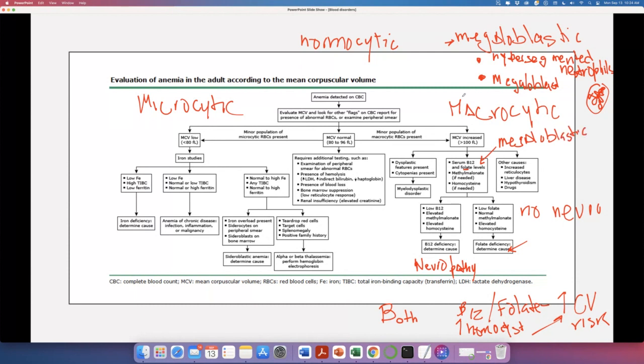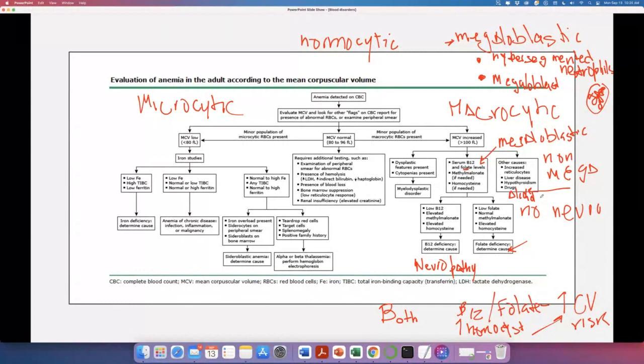Because there are other macrocytic anemias that are non-megaloblastic. And these are here: liver disease, hypothyroidism, drugs. We should include here alcohol, of course, excessive alcohol intake.